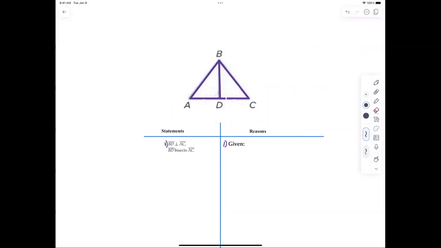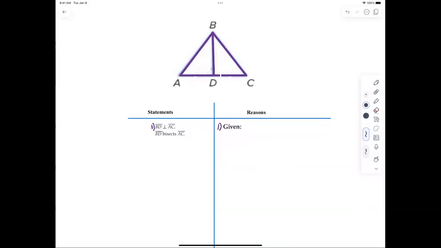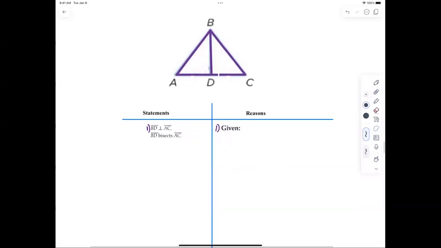All right, so I really would prefer you write or tell me if BD is perpendicular to AC, that has meaning. So what does that mean? They intersect at a right angle, right?